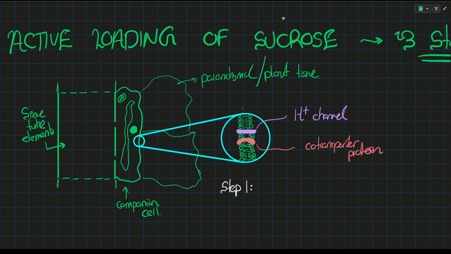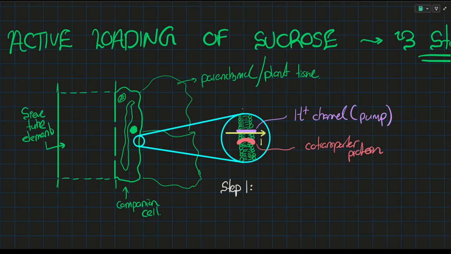Okay. The first thing that's going to occur, I'm going to use a very bright yellow to represent this. Yep, that's good. This is the first step that happens. The cell membrane of the companion cell pumps H plus ions into the plant tissue through the H plus channel, or you can call this the H plus pump, like this.